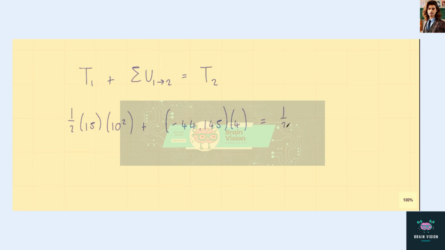And this must equal the final kinetic energy just before the collision, a half m VA, we'll call it subscript 1, squared. If we rearrange this equation, we can find VA1. So the speed of block A is 8.7439 meters per second. And as we look at it, it's to the left.